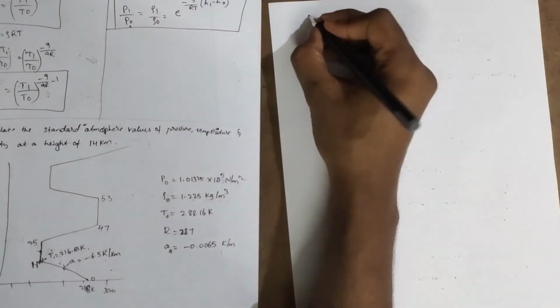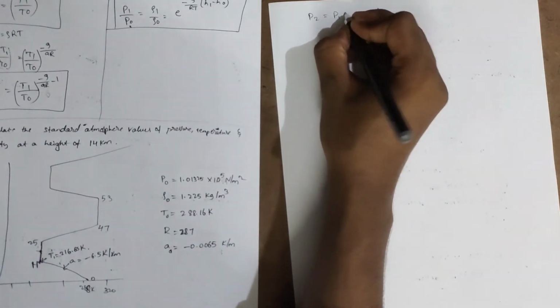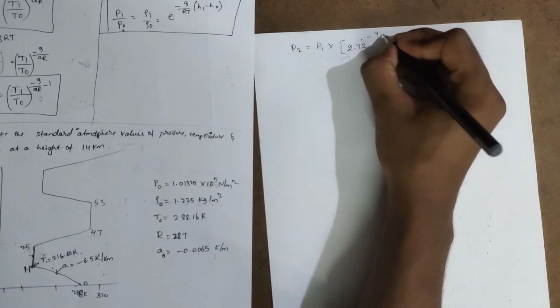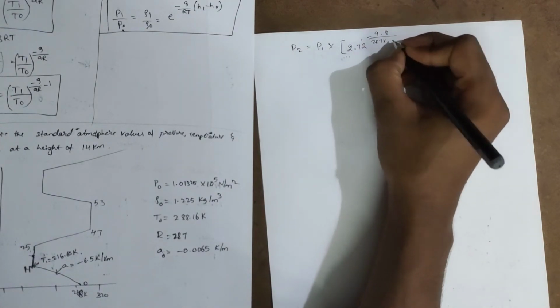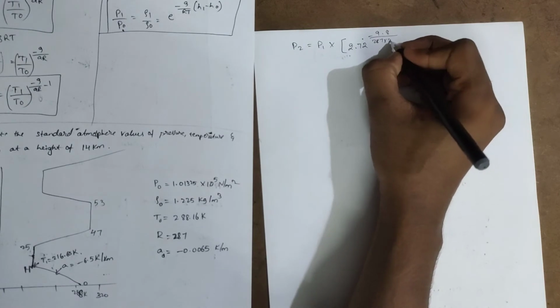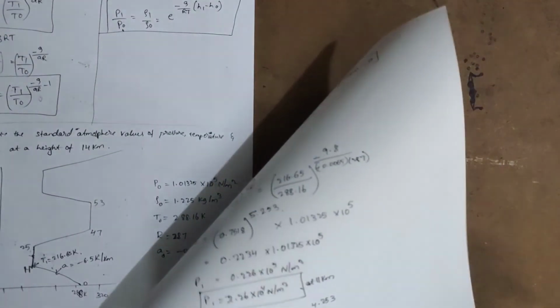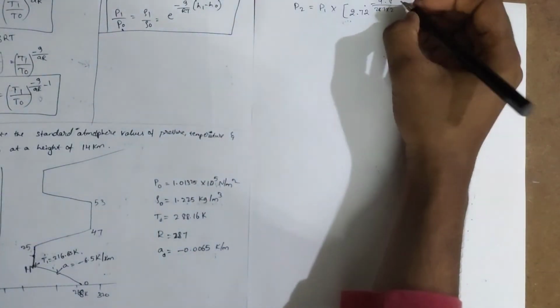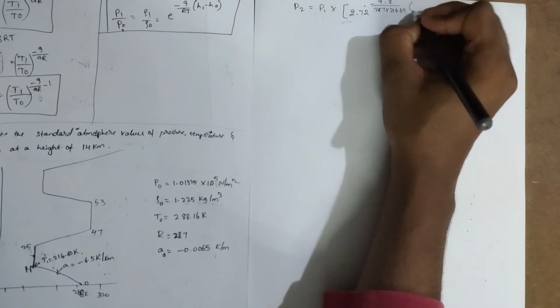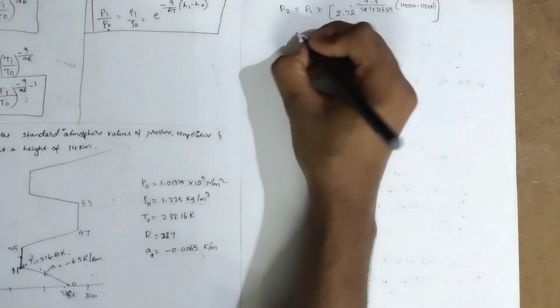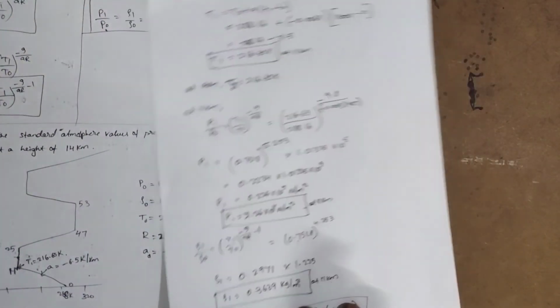So write it here as P2 is equal to P1 into 2.72 to the power minus g by RT. P1 we have calculated as 2.26 into 10 power 4.